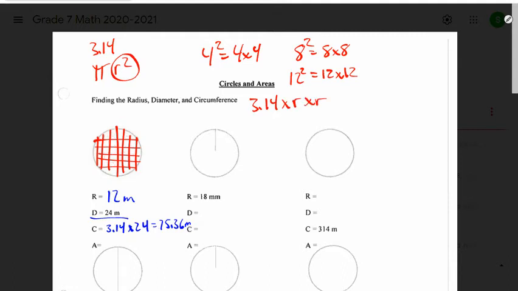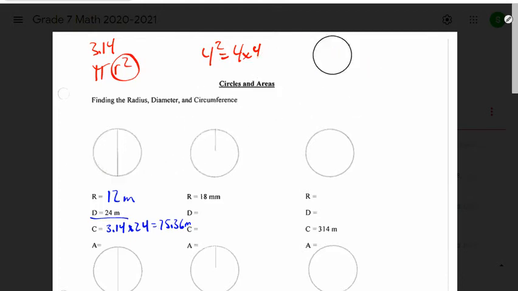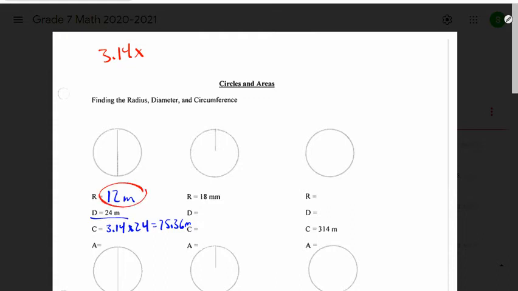So in this case down here, I have the radius of 12. There's not a lot of space down there, so I'm going to do it up here. 3.14, and I'm going to times it by that. I'm going to do it with 2 of them, okay, because it's pi r squared.